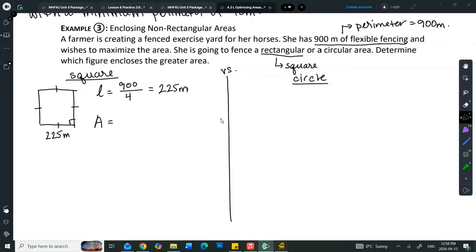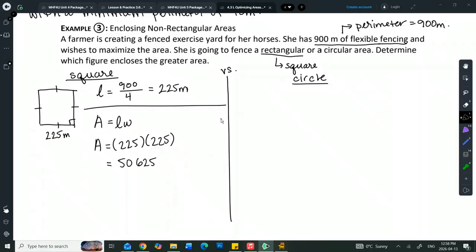Base times height, or length times width. Area is length times width, and if length and width are equal, you're just doing 225 times 225. Get the area. Perfect, and that is meters squared.